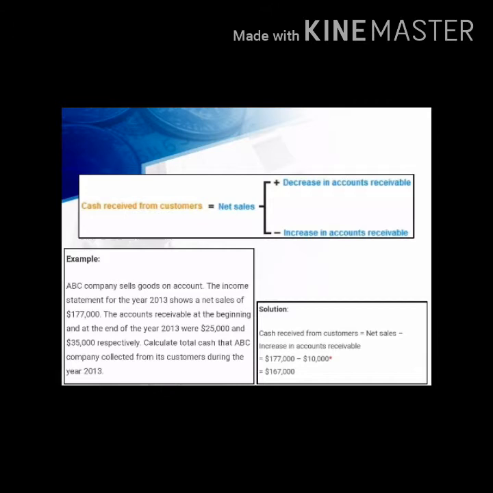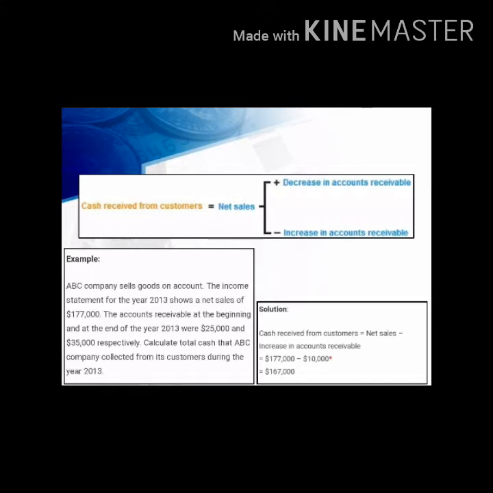So we should subtract the beginning period of the accounts receivable from the ending period. So $35,000 minus $25,000 is equal to $10,000, which is the increase in accounts receivable.